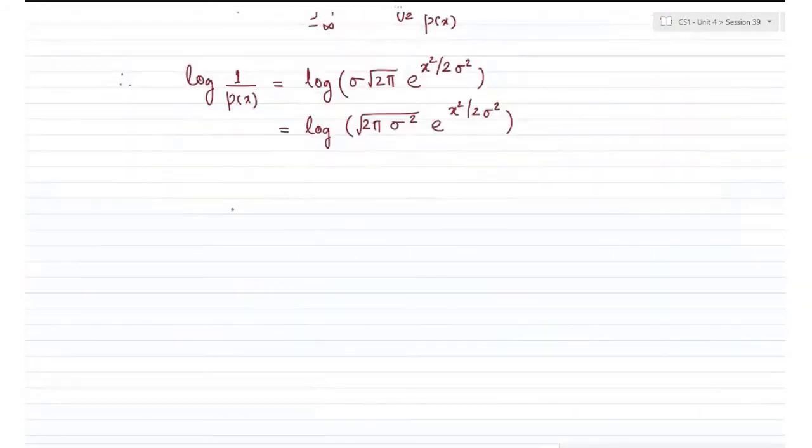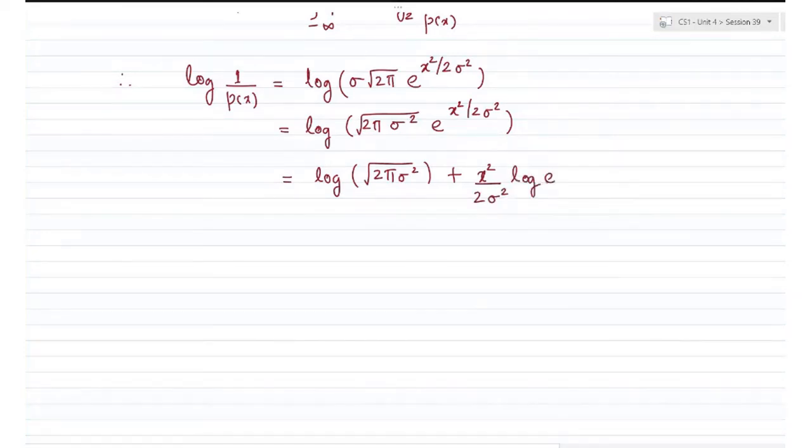We can still simplify this by splitting it into two parts: the first part is logarithmic of root 2 pi sigma square, and the second part is simply x square over 2 sigma square log e, where the base is 2.